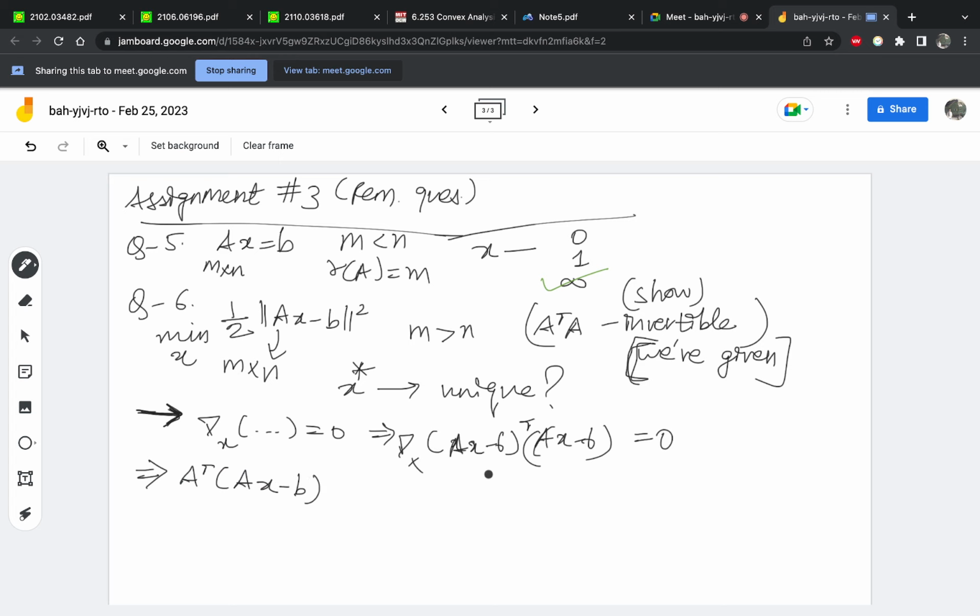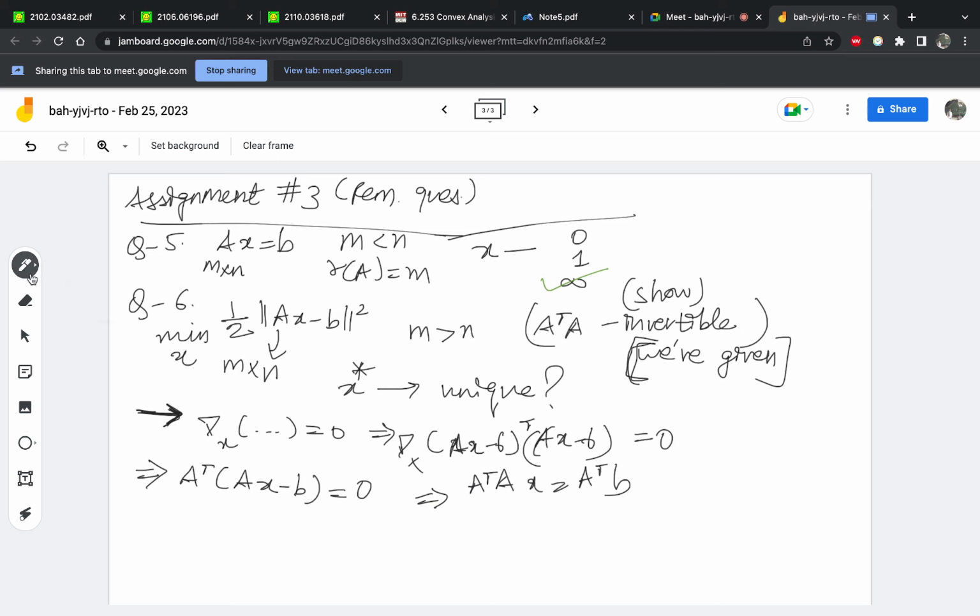Treat this as a single term, so it's like x square, so just 2x. The 2 gets cancelled with the one here. What's remaining is, treat this as now a function of x. You take the derivative of just this term, which happens to be A transpose. Just match the dimensions appropriately. This is what you'll get. This is a standard vector calculus step. So what you will end up getting is A transpose A x equals A transpose b.